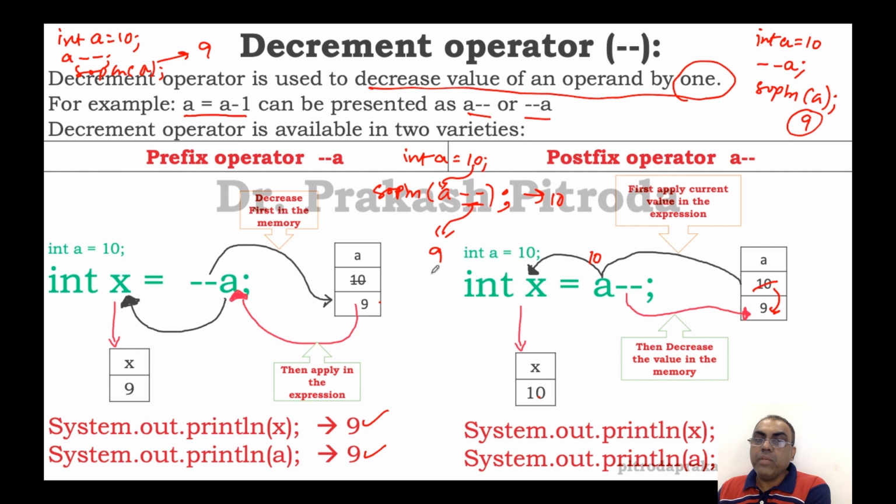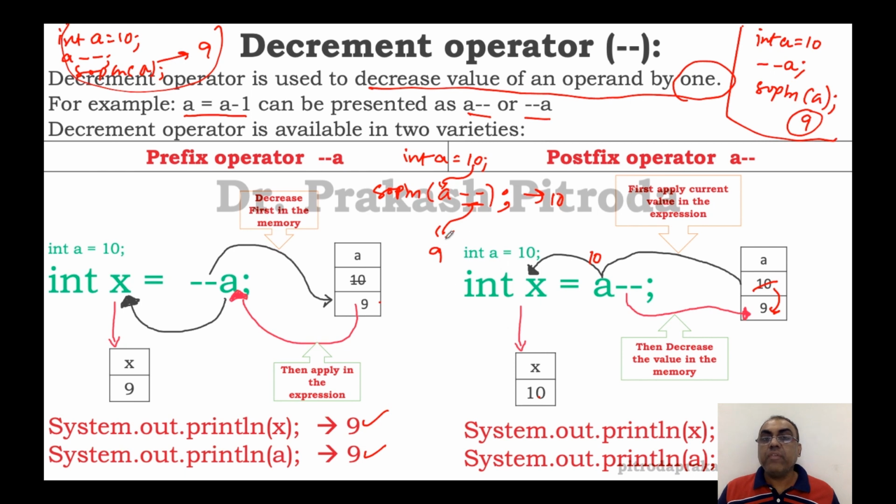It will reduce the memory value to 9. If I had applied --a at the same place, it would have reduced the current value first and then applied it into the expression. But independently, they both mean decrease the current value.